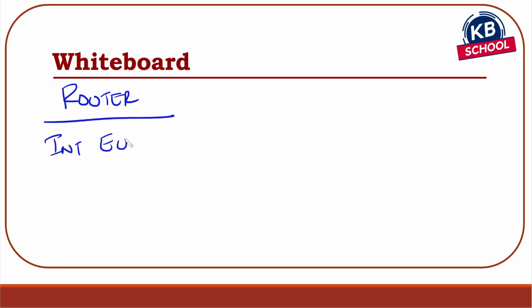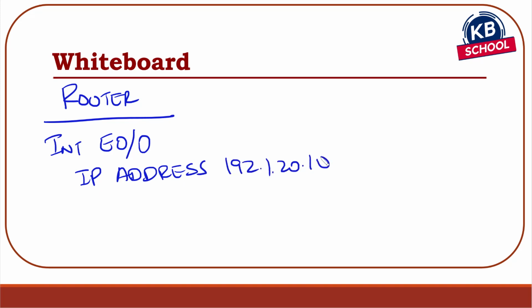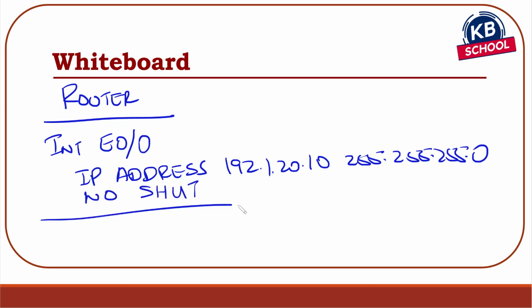So you say interface E0/0, IP address, assign it an IP address, let's say 192.1.20.10, 255.255.255.0, and do a no shut on it. That's how you bring up an interface on a router.